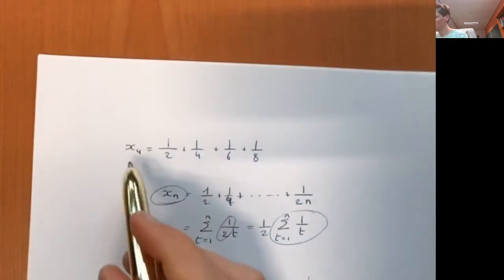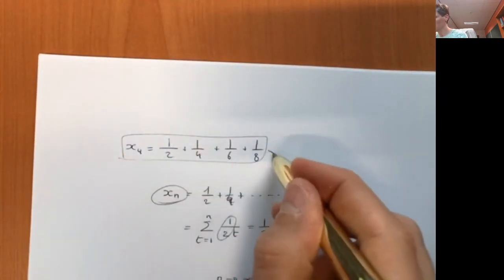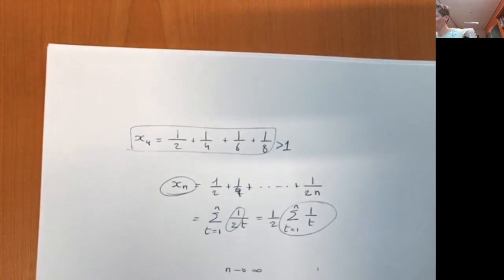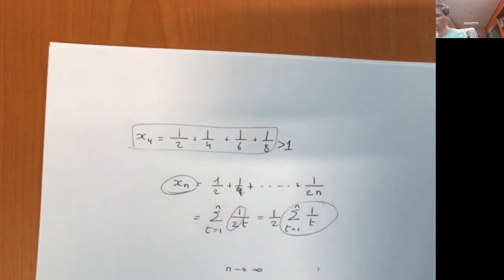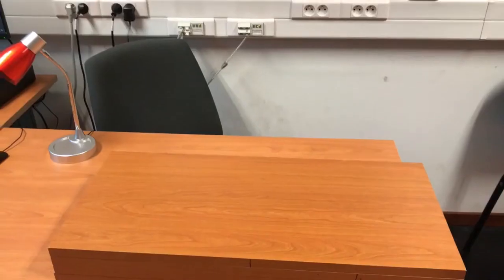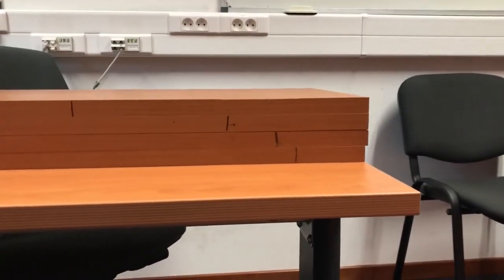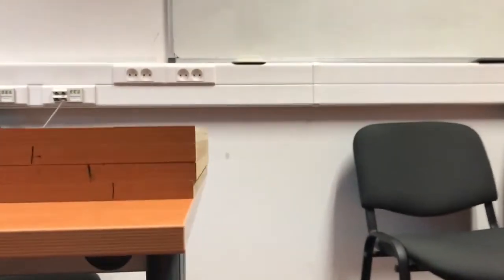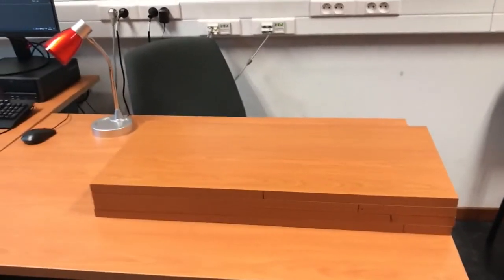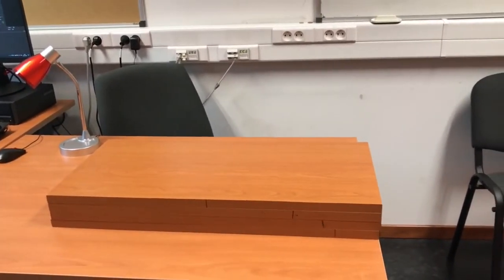However, as we have seen that for x4 this overhang is bigger than 1, we should be able to at least demonstrate this. So this is what I'm going to do now. So I'm here in my office. I have 4 shelves of my bookcase, right, as you can see, quite heavy, and I'm going to slide them over the edge of the table in such a way that the top shelf is going to be entirely non-supported by the table.